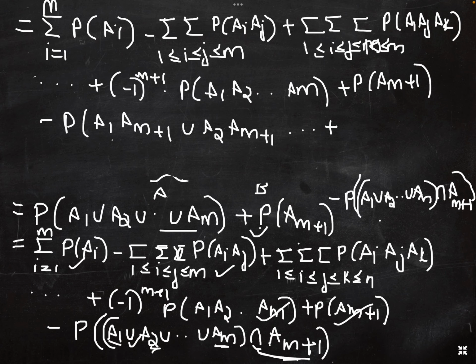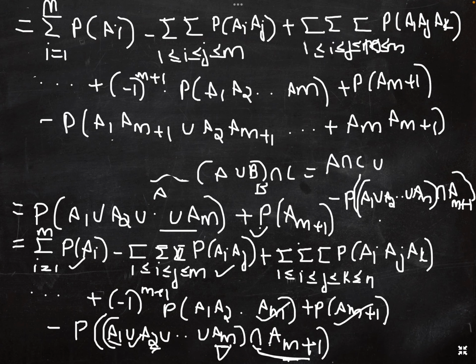That is, (A union B) intersection C is A intersection C union B intersection C, like this.